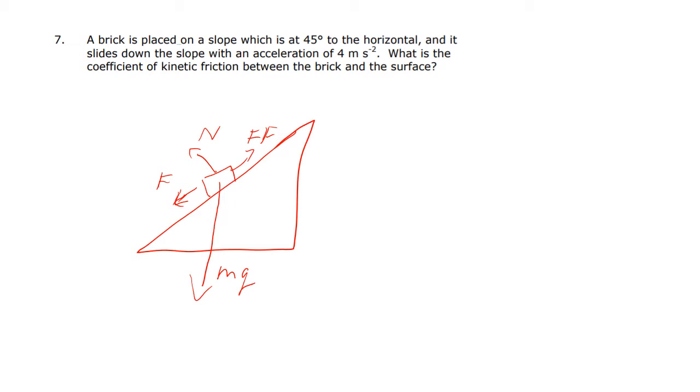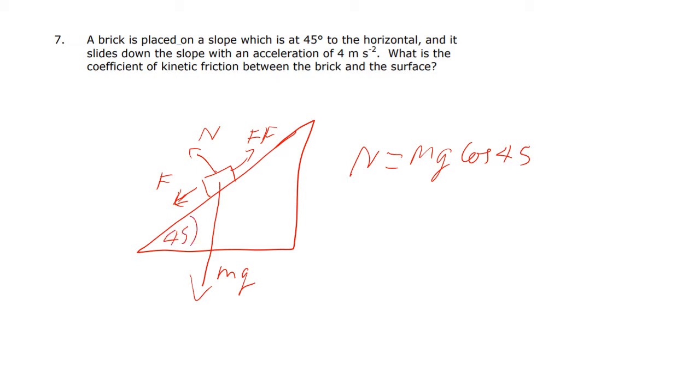Hopefully it's not confusing. So what kind of equations do we have here? Our normal force, N, is going to be equal to mg cos 45. So this is 45 degrees.